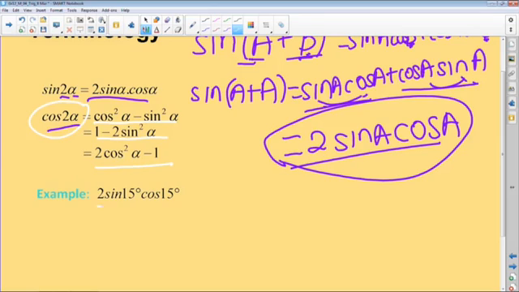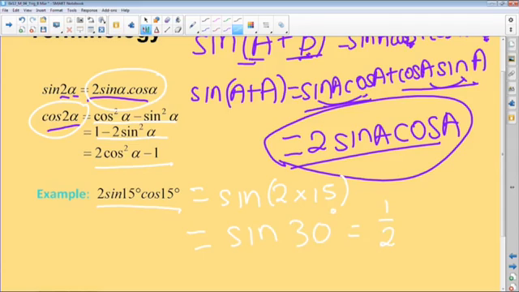If I've got 2 sine 15 degrees times cos 15 degrees, so I've got this part of the formula, I know that I can go backwards and rewrite this as sine of 2 times my angle, and my angle is 15. That gives me sine of 30 degrees, and that will be a half.